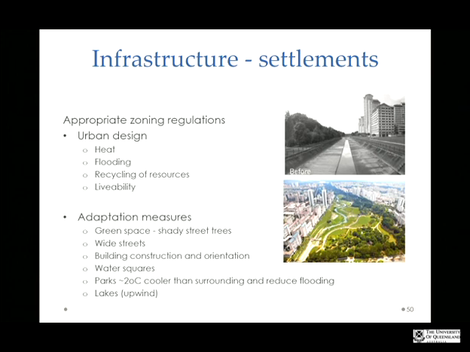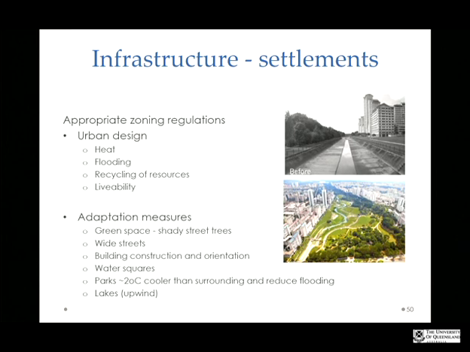You could reuse water, recycle water that fell, again in a design phase, not necessarily in an adaptation phase, so that you could use it to cool in the summer, but also recycle the water for use in the city and in industry, rather than letting it run off.